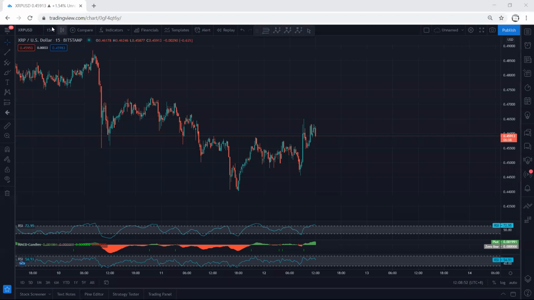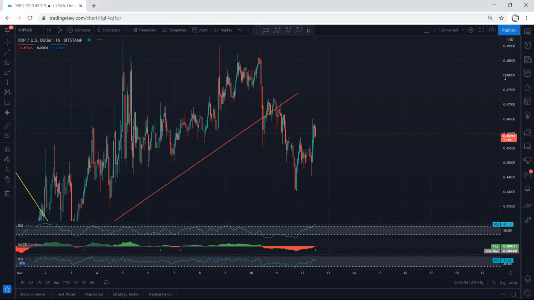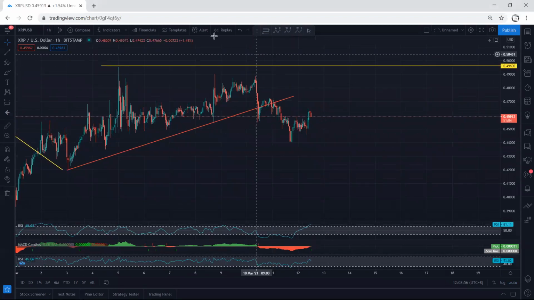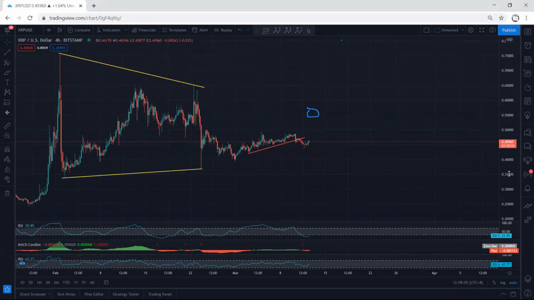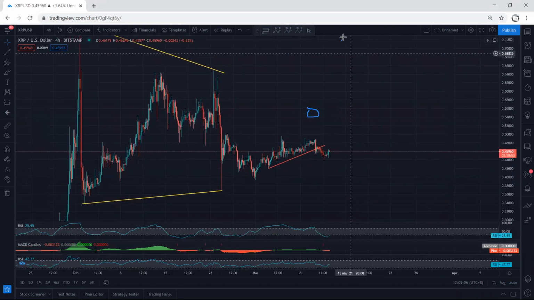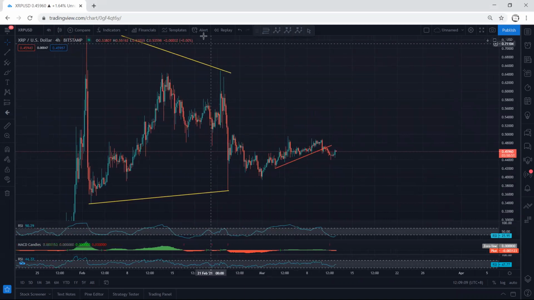Anyway, based on the 1 hour chart, the only thing is we need to look at what we have here, whether we get the price drop or we get the correction for continuation. And if we move to the 4 hour chart, there is nothing, everything is similar to what we explained in our analysis in my last video. There is not much change.